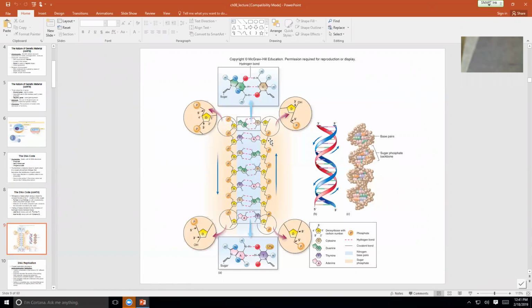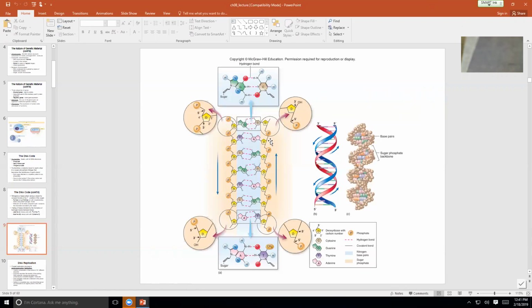So no matter what, this is the structure. And what we know is that it's double-stranded, and you would want to remember that. We think about it as a ladder, don't we? With rungs in the ladder and the strands being the sides of the ladder. Everybody good with that?